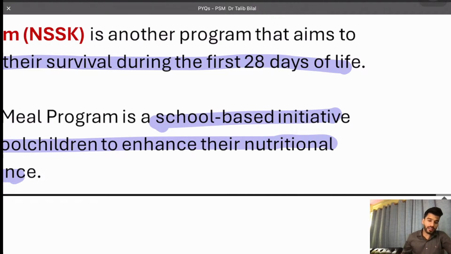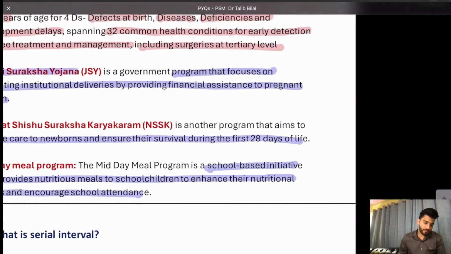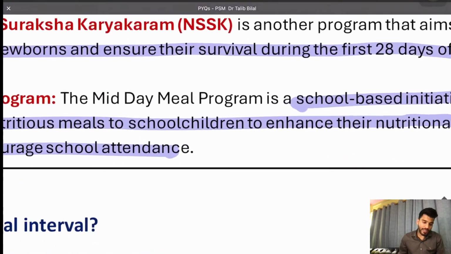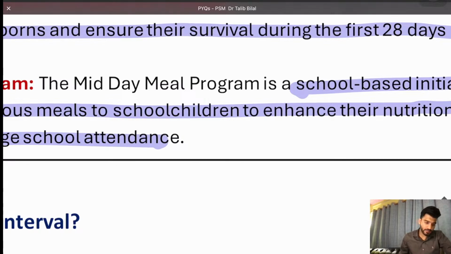Not in grams, I'm asking. How much calories and protein? Yes, it's 1 by 2 protein and 1 by 3 calories. So 1 by 2 protein and 1 by 3 calories.